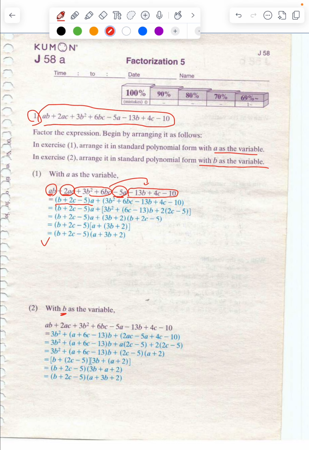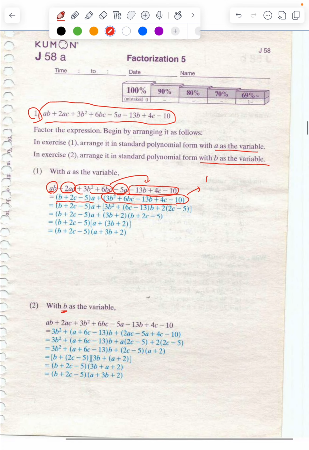Now, at the back, we have 3B squared plus 6BC minus 13B plus 4C minus 10. This alone can be factorized. How do we factorize it? Again, we can factorize based on the B squared term, then the B term, and then the non-B term.